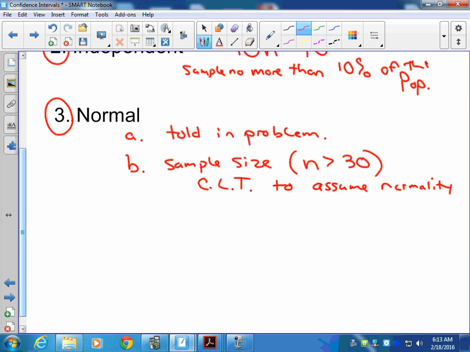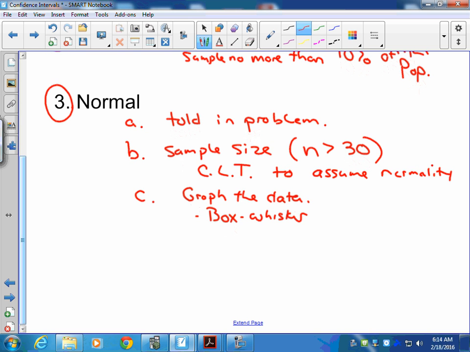And then the last method, the most difficult based on situation: if your sample size is under 30 and you're not told that it's normal in the problem, you have to graph your data. And the graph that we're usually looking for is a box and whisker, and we're looking for outliers or skew.